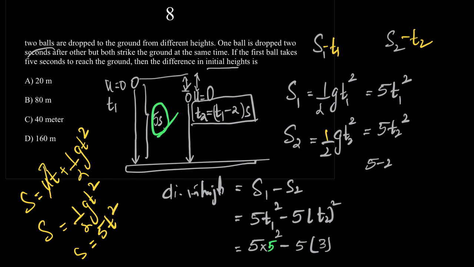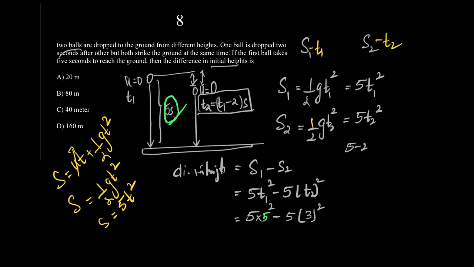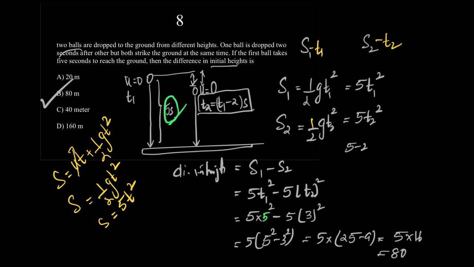So, 5 into 3 square. I'll take 5 common. So, 5 into 5 square minus 3 square, which is 25 minus 9, is 5 into 16. So, 5 into 16 is 80. Therefore, the difference is 80 meter.